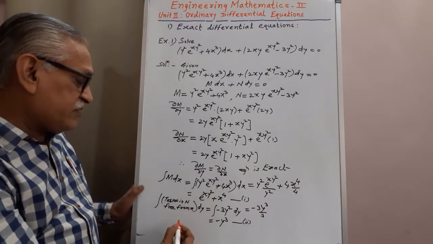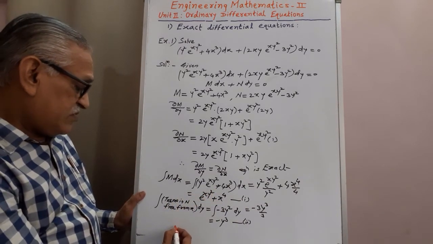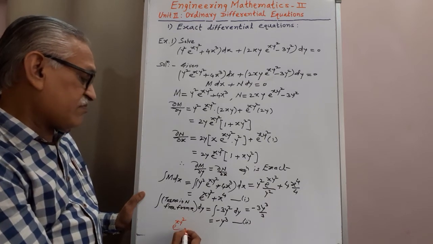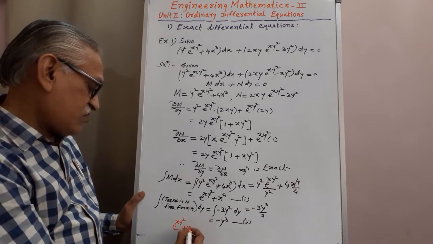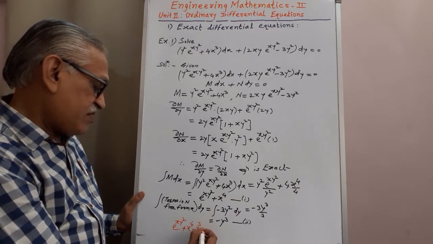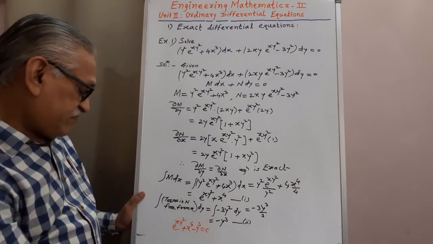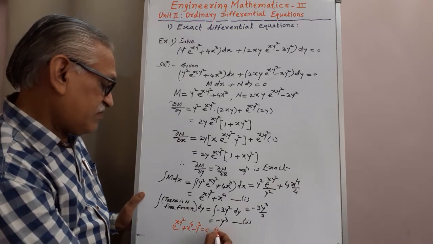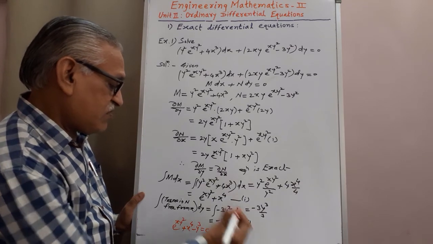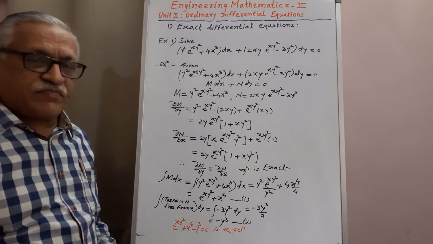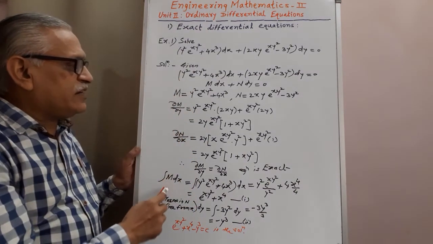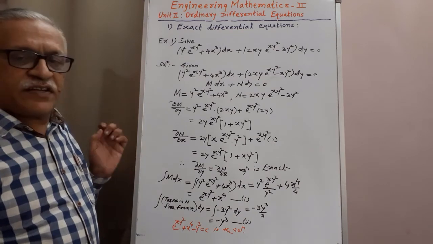Equation 1 is e raised to xy square plus x raised to 4 minus y cube, and then equating it to c is the required solution of that given differential equation. And I have obtained the solution by the exact differential equation technique.